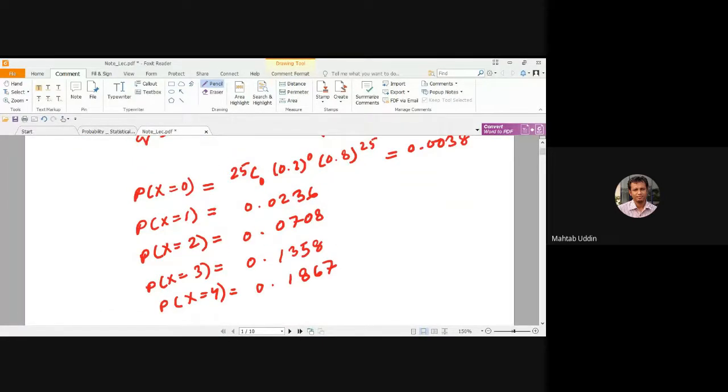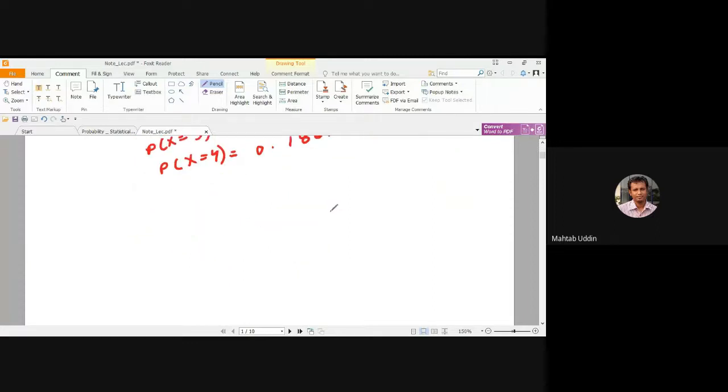But the question will arise, why? First one, they said to find the probability at most 4. What does it mean by at most 4? At most means less than or equal to 4. Then we just have to sum.